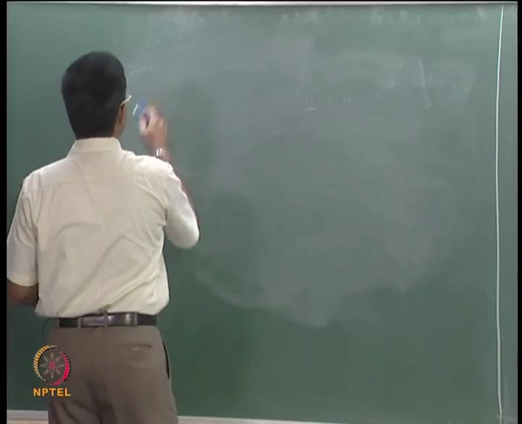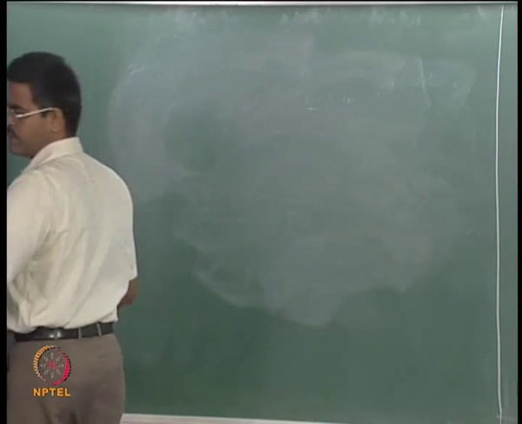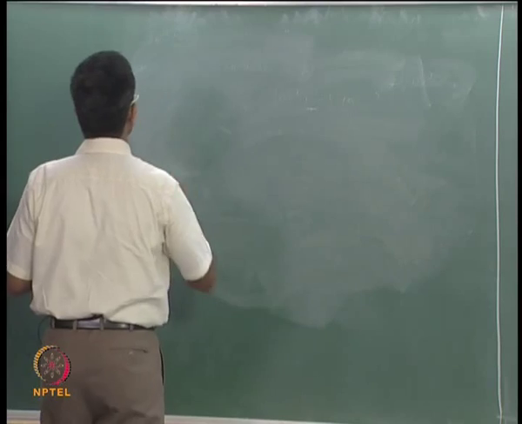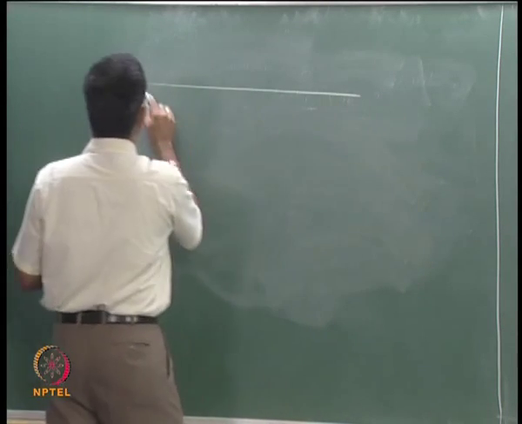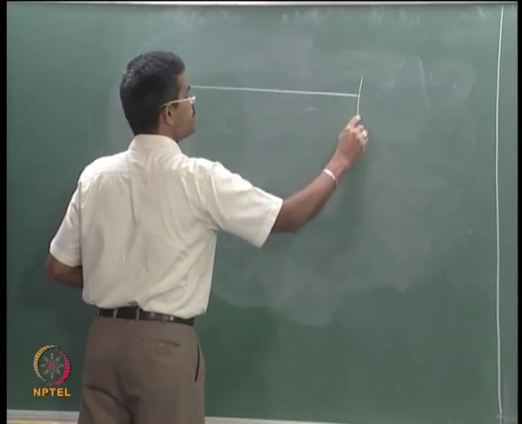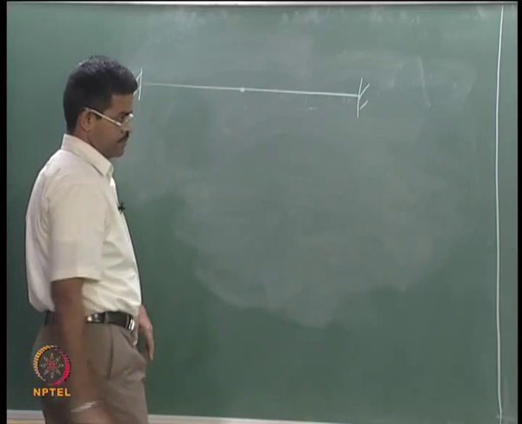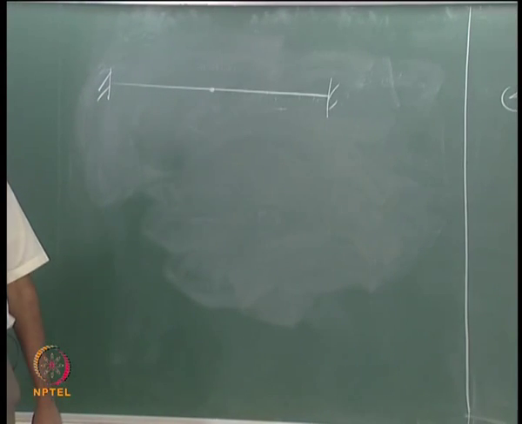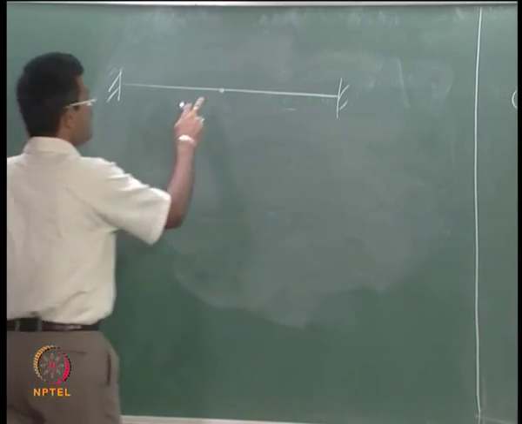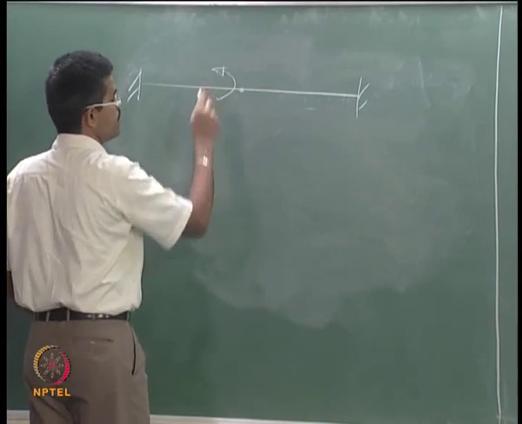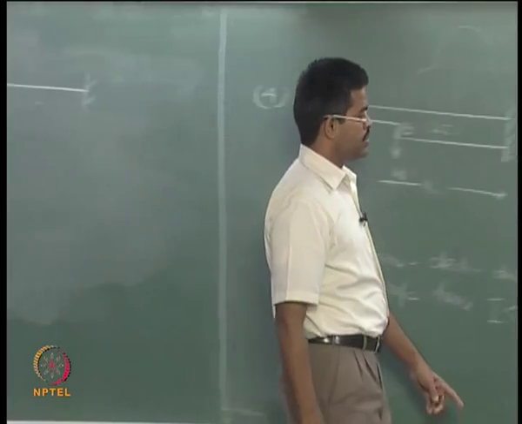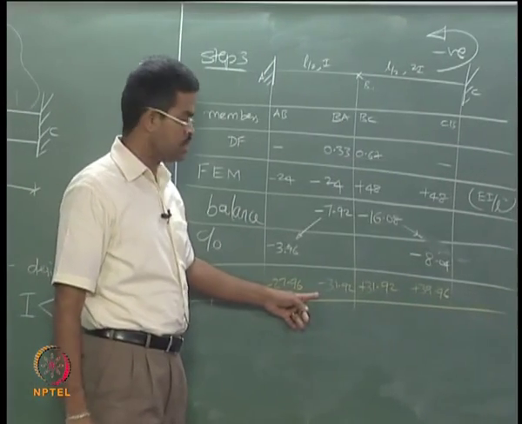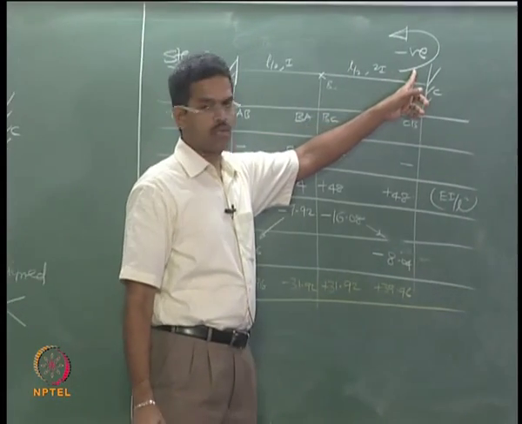So, draw the beam again here. So, at the point B, BA had minus 31.92, which means it is anticlockwise.